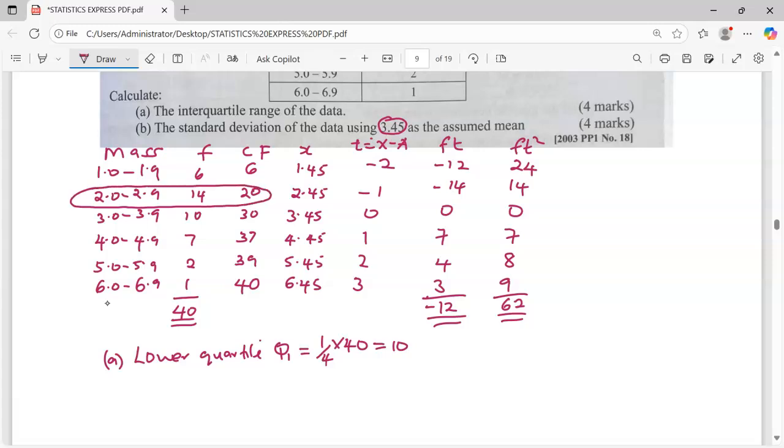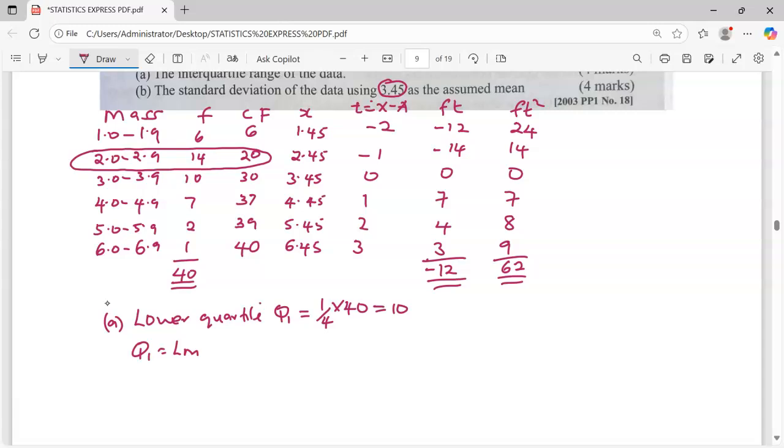And therefore, we are going to use the formula. Q1 will be given by the lower limit in the lower quartile plus a quarter of n minus c divided by f times I, which is the class interval. Now to get the lower limit, remember all the values are written correct to 1 decimal place, and therefore the least error in this case will be equal to 0.1.